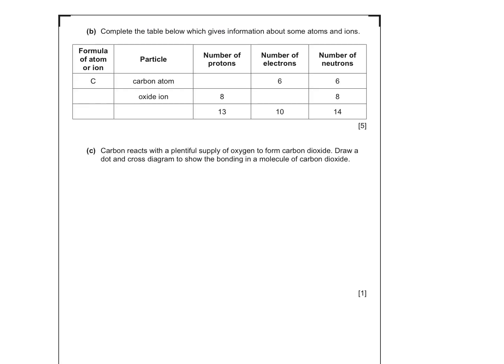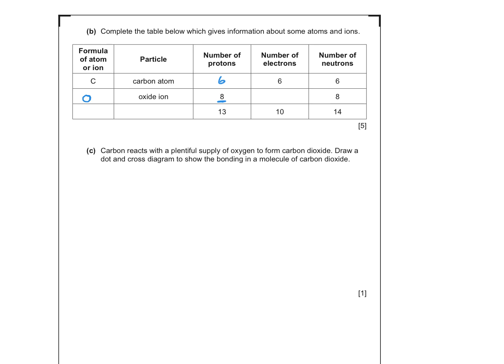Okay, part B then should be fairly straightforward. A carbon atom has an atomic number of 6, and the atomic number equals the number of protons in an atom. An oxide ion, well, that comes from oxygen. So I'm going to put in O to start with. Now, an oxygen atom has 8 protons, so that means an atom would have 8 electrons.